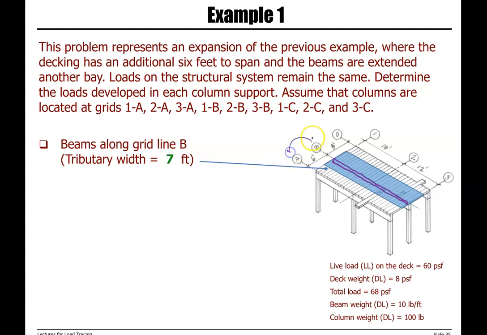It has two adjacent members. Half of the distance between A and B is 3 feet, and half of the distance between B and C is 4 feet. So the tributary width for beam B is 7 feet.